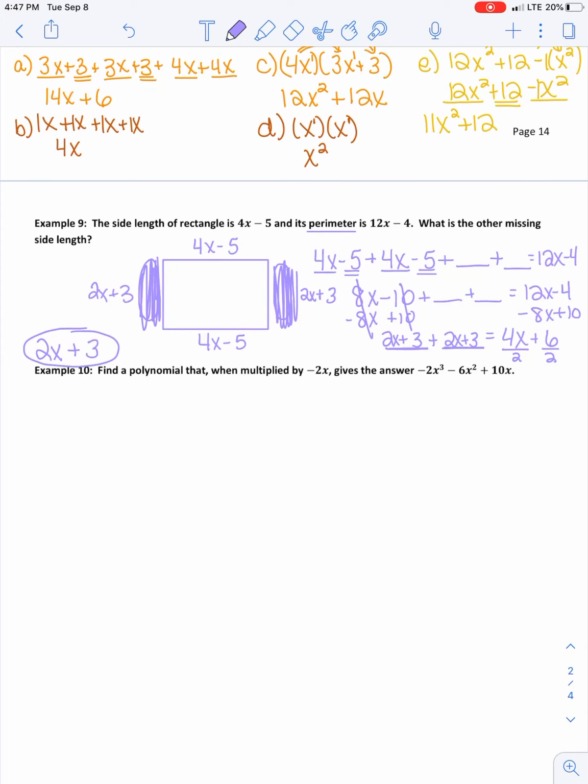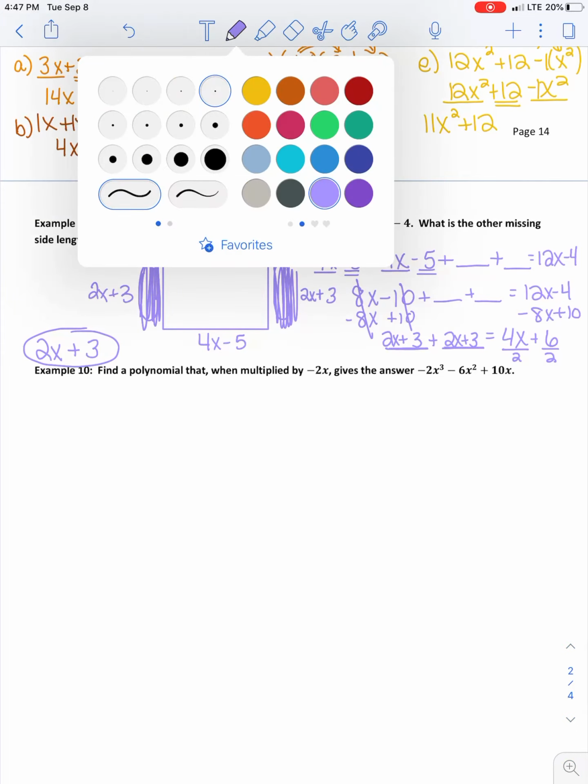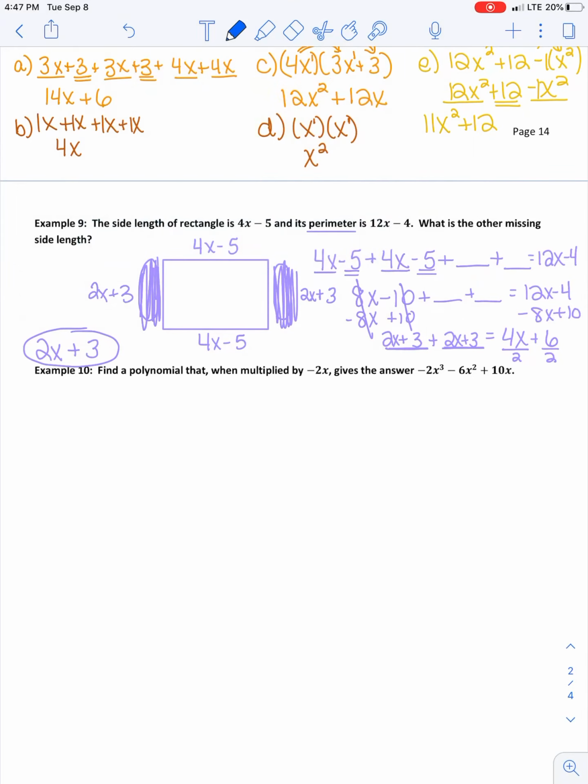Okay. Our next one, we're kind of using the distributive property backwards. So it says find a polynomial that when you multiply it by -2x, you get -2x to the third minus 6x squared plus 10x. So that means that I have 3 terms I need to multiply by.